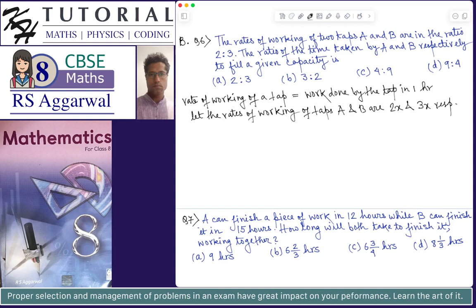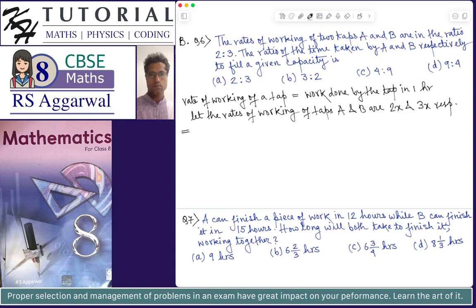You must be familiar with problems on ratio and proportion: whenever we are given a ratio of two quantities and are asked to find those quantities, usually we assume those two quantities depending on the parts of the ratio. So, in this problem, since the ratio is the ratio of rates of working of tap A and B, we are assuming that the rate of working of tap A is 2x and the rate of working of tap B is 3x.